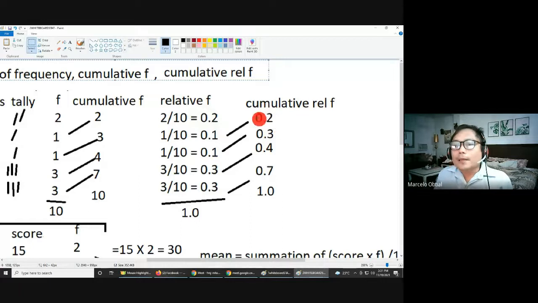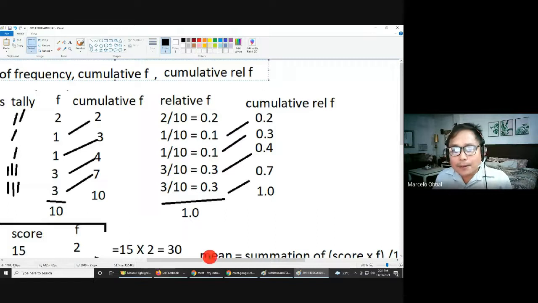Then proceed with the accumulation of the first 2 rows. 0.2 plus 0.1, 0.3. Third row, accumulation of the first 3, 0.2 plus 0.1 plus 0.1, 0.4. Fourth row, accumulation of the first 4 rows, 0.2 plus 0.1 plus 0.1 plus 0.3 will give you 0.7. And last, accumulation of all.